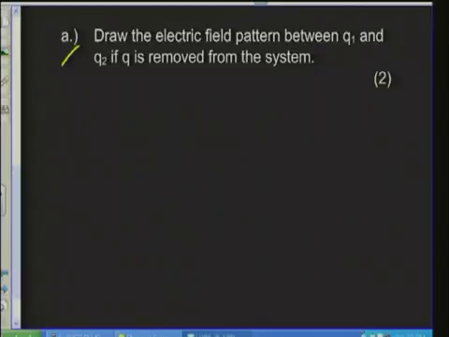Then the first question here is: draw the electric field pattern between Q1 and Q2 if Q is removed from the system.